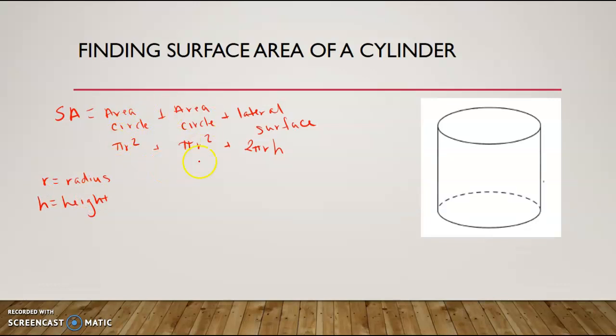Now, to simplify this, the two circles are going to be the same number. So our true formula for surface area is going to be 2 pi r squared, because we have the two circles, plus 2 pi r, the circumference around the circle, times our height to get the area of our lateral surface. And that's our formula.